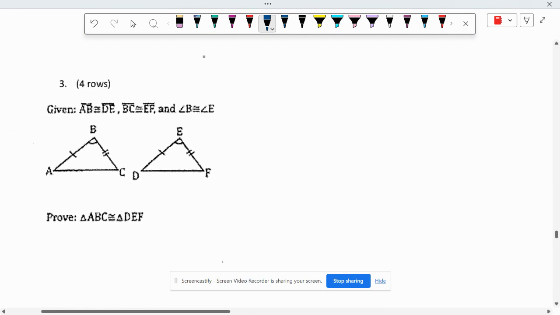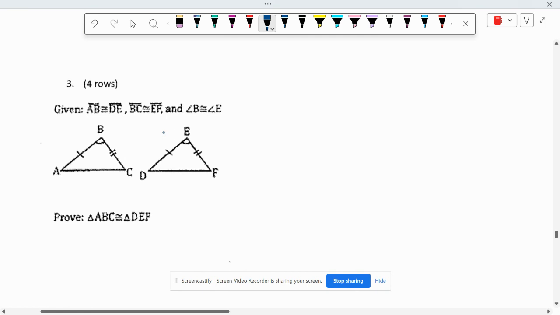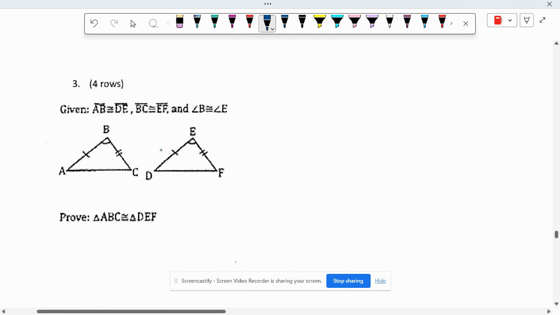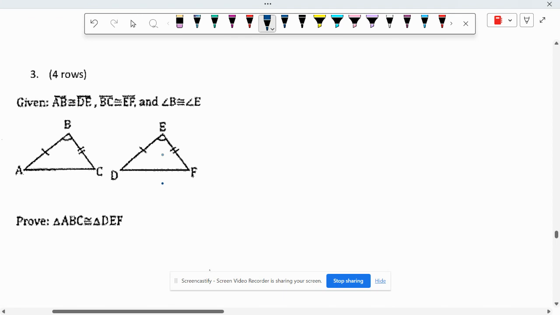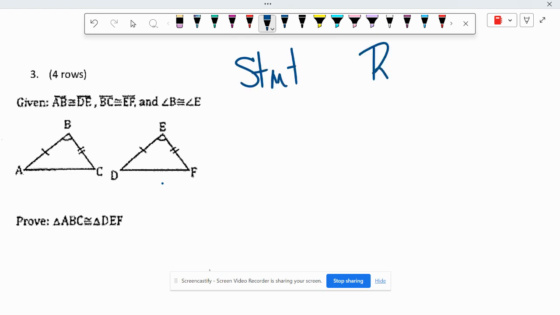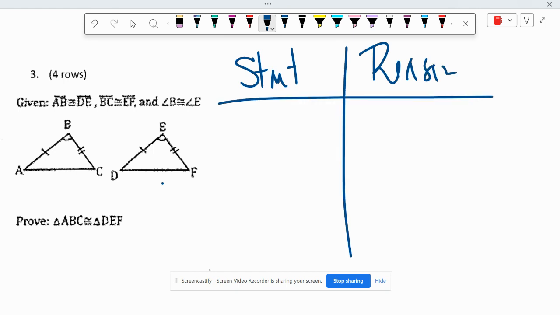Okay, here we go. So let's look at this one. We're gonna prove that triangle ABC is congruent to triangle DEF. Page 37, I think. So I have a statement and I have a reason. So let's talk about my given. Statement number 1 says that AB is congruent to DE.